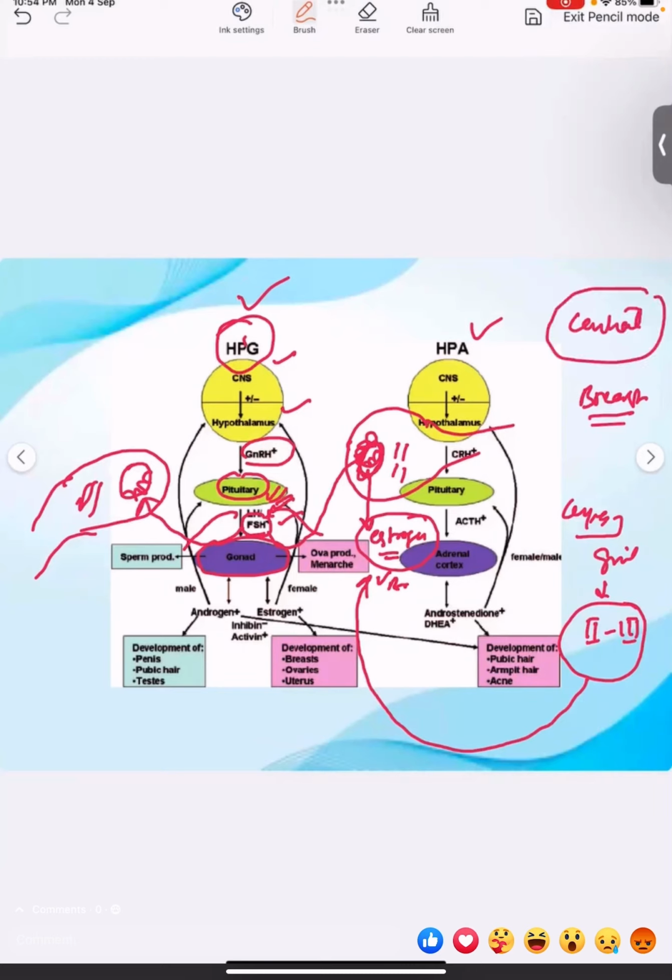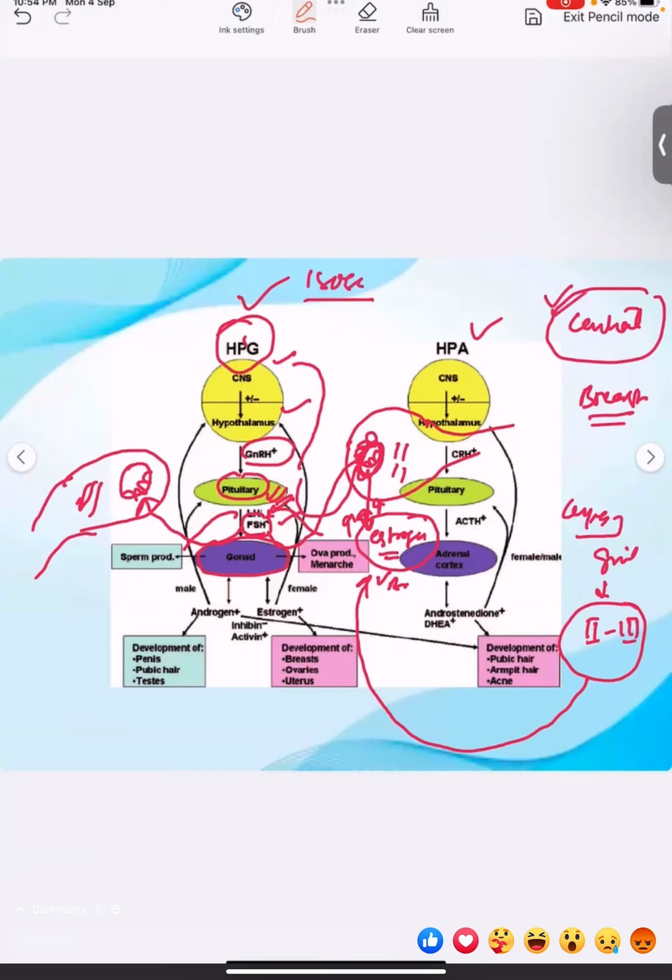Breast formation in a female, unless proved otherwise, is a case of central precocious puberty. Why? FSH produced here is going to produce estrogen, and when it is produced in increased amount, it is going to form the breast in a girl. So this is most likely an isosexual and central precocious puberty.